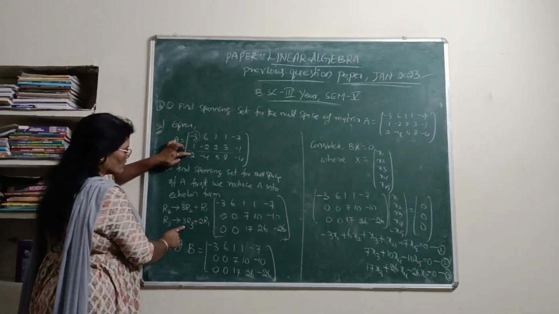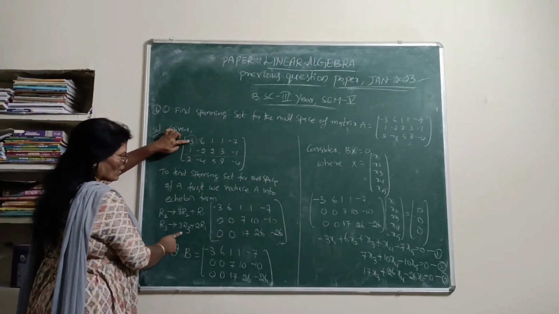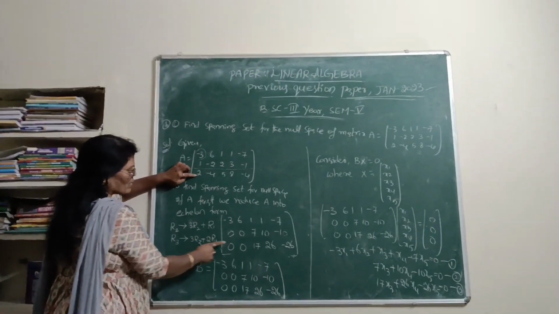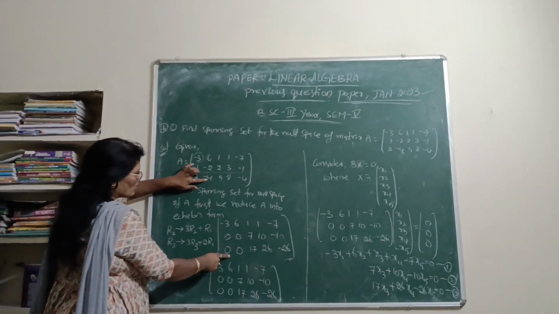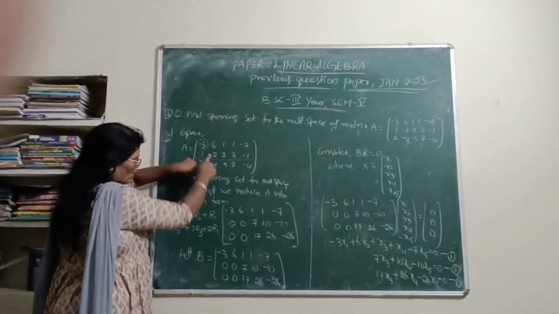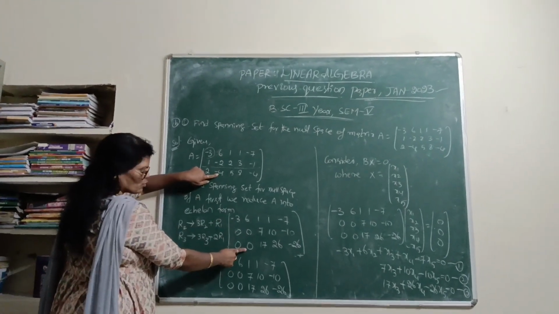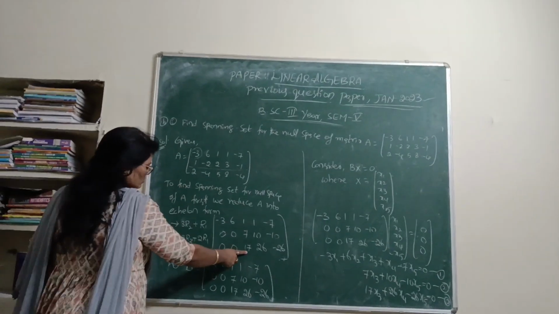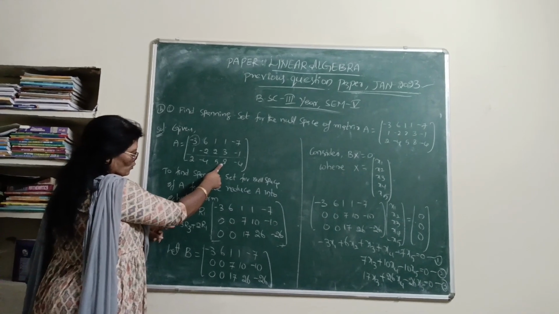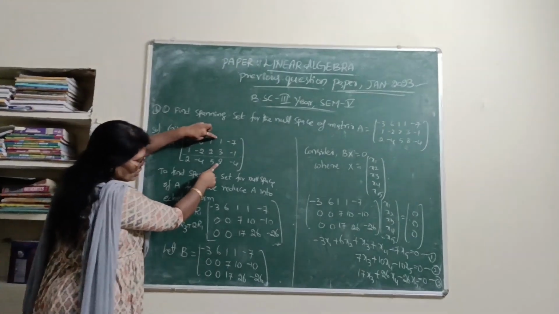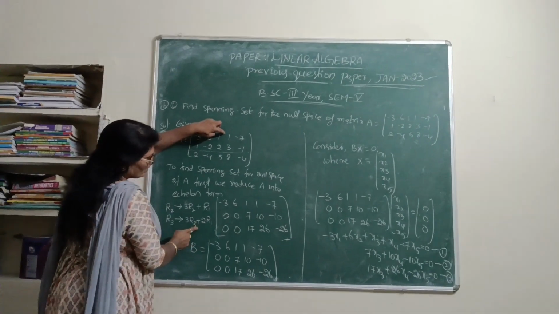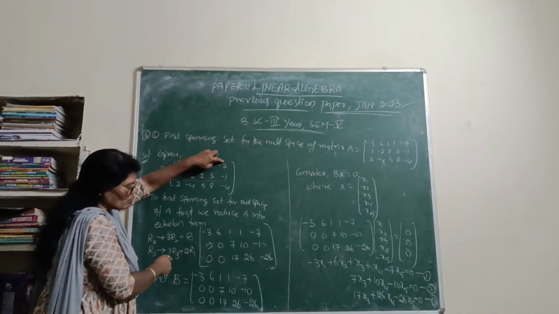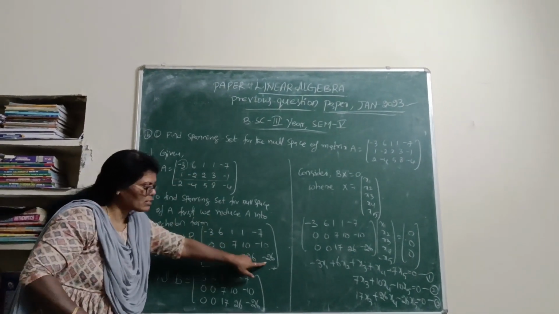Here we are multiplying R3 with 3, and adding 2R1. So 3 twos are 6 and 2 threes are 6, -6 plus 6 becomes 0. 3 fours are 12, -12, and 2 sixes are 12, plus 12 becomes 0. 3 fives are 15 plus 2 is 17. 3 eights are 24 and 2 ones are 2, 24 plus 2 is 26. 3 fours are 12, -12 plus 2 sevens are 14, -14 gives -12, -26.